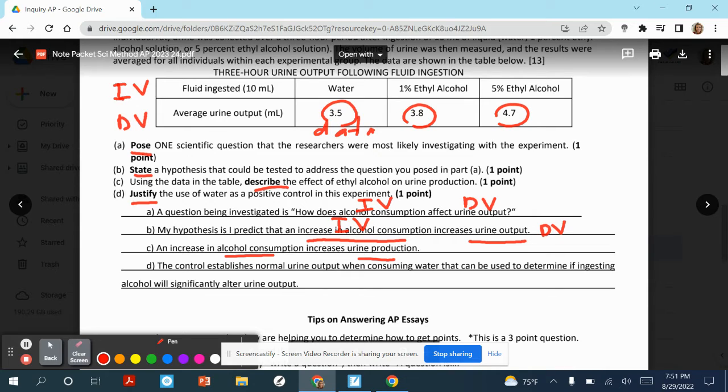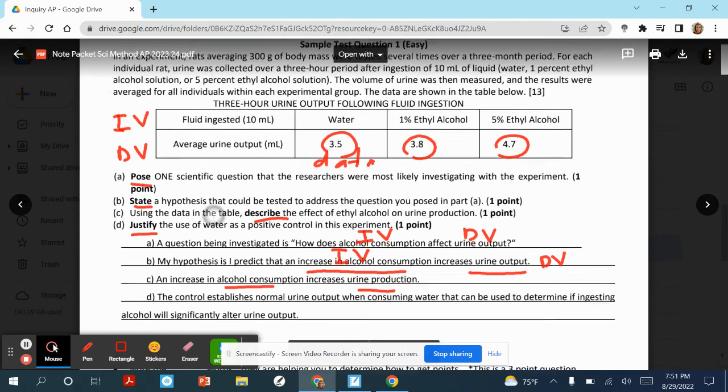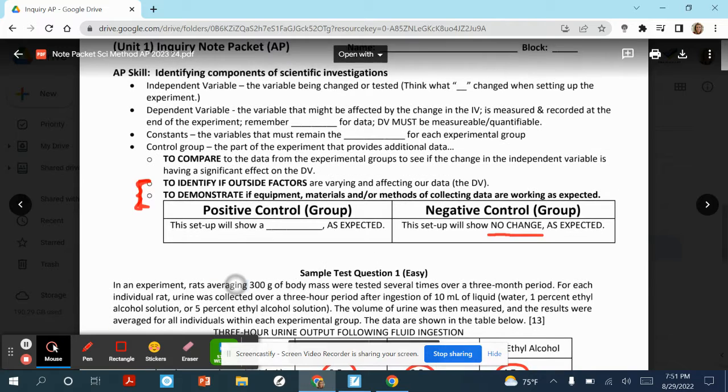But you're not going to get any points for that answer. Our answers are going to have to look a little bit more related to what I have indicated up here, these things right here. So is the control group giving me this information, this information, this information? And you have to be specific to the experiment.